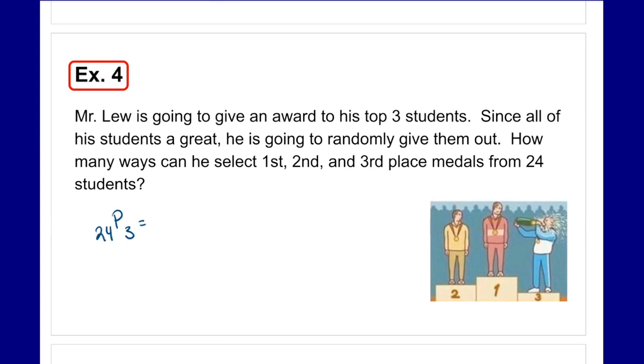So 24 pick 3, that we can just do on our calculator. That is equal to 12,144 ways. You could also think of it as 24 times 23 times 22.